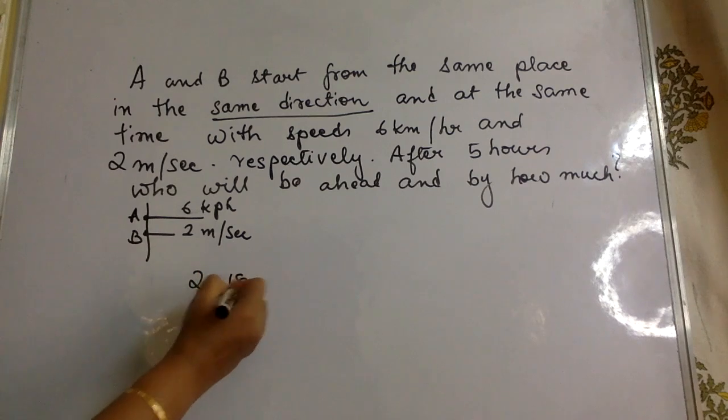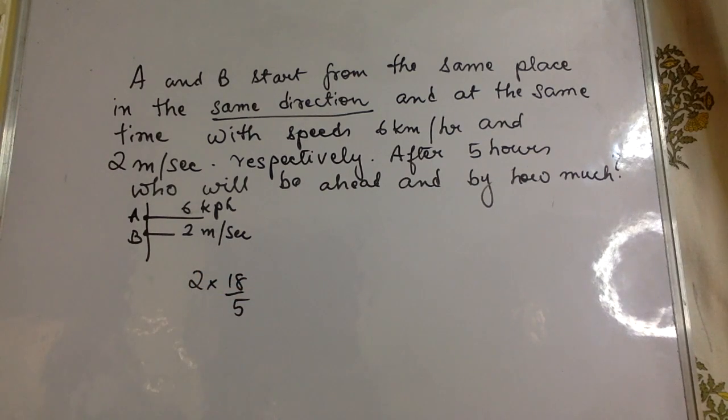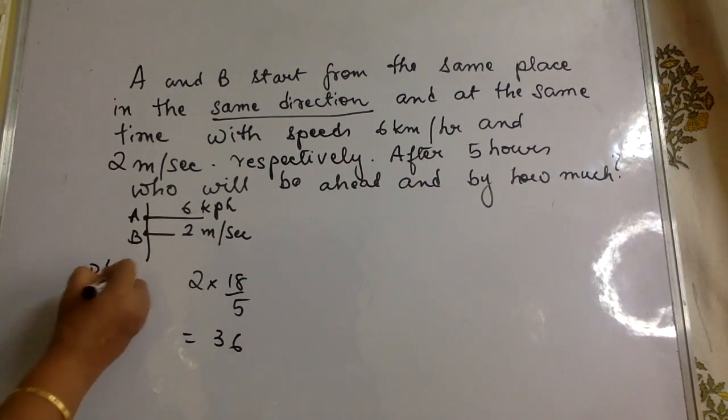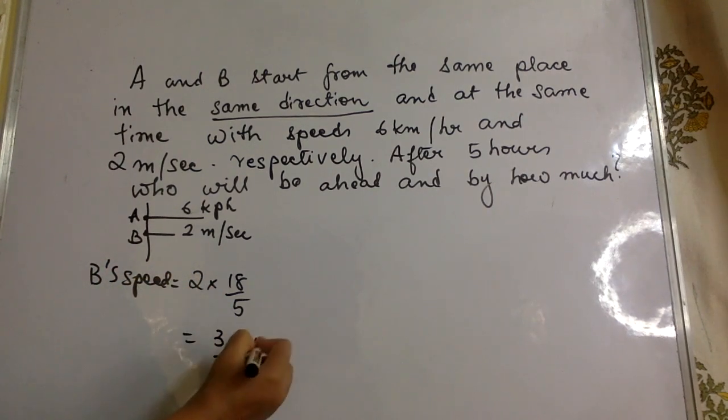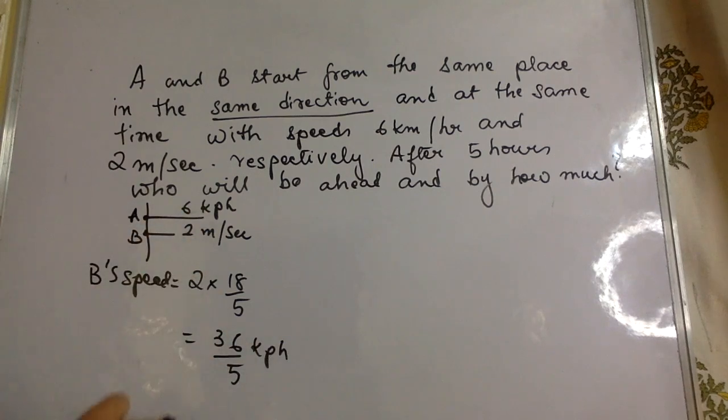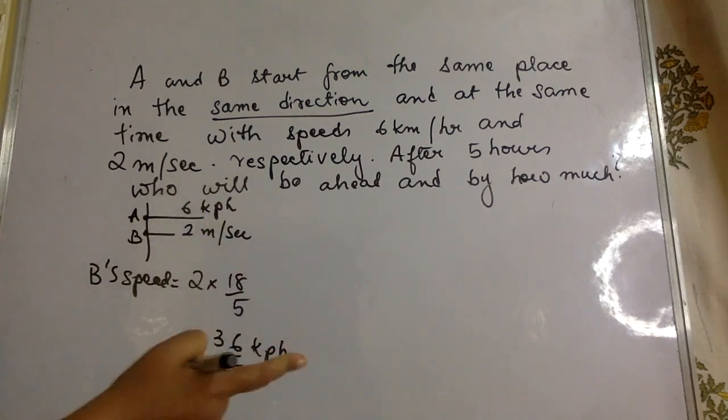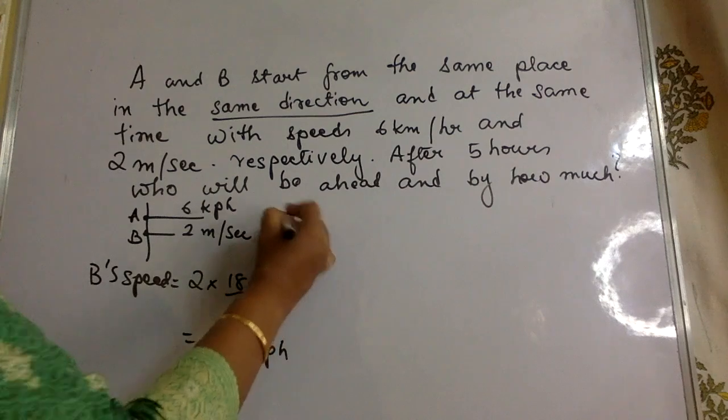That is multiplied by 18 by 5. Okay, I've already talked about these changes. So that is 36 by 5 kph. So only B's speed I have changed. Now both of them I have in kph, and A's speed is already given in kph.